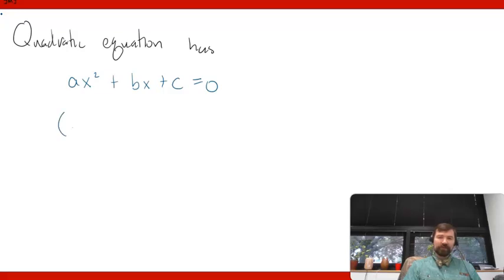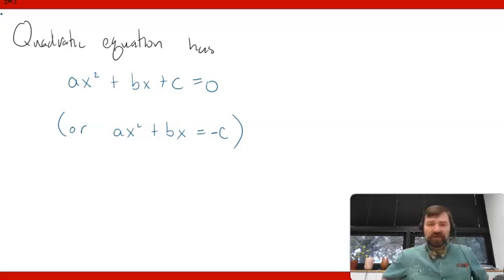Alternatively, it could be a times x squared plus b times x equals c. Now note that this c and this c can't be the same, since I would have had to subtract it. So if we want it to be the same for consistency, we'd say equals minus c. But note that a, b, and c are all just numbers. They could be positive or negative.